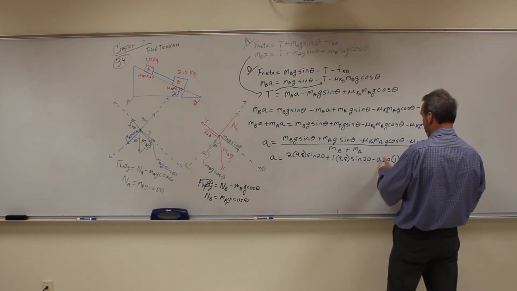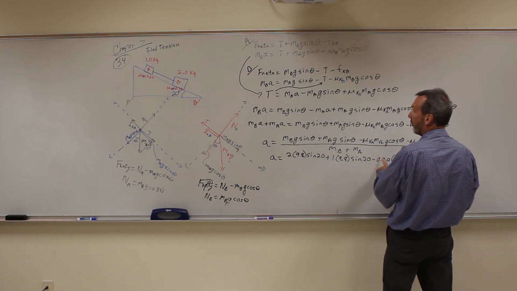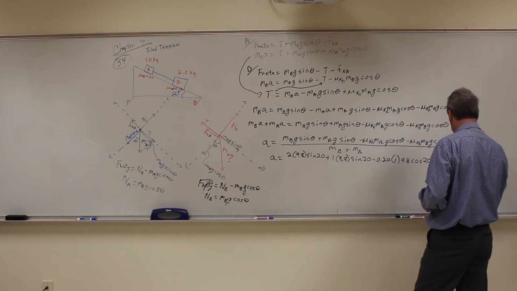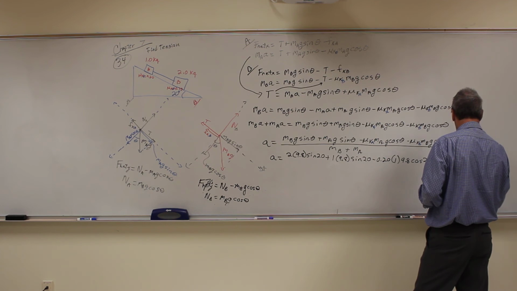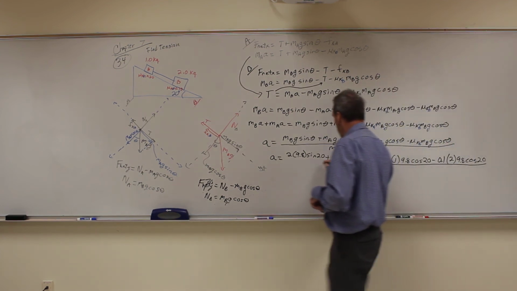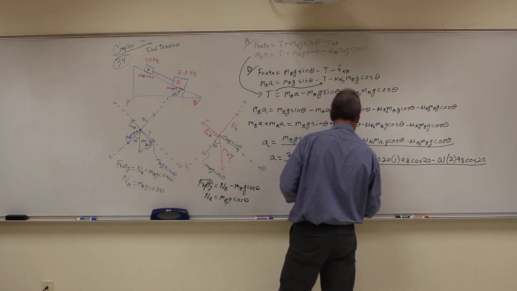Oh, I did that wrong. This is m sub A. This is 0.2. m sub B is 0.1. So this is 0.1 times 2 times 9.8 times the cosine of 20. All that divided by 2 plus 1.